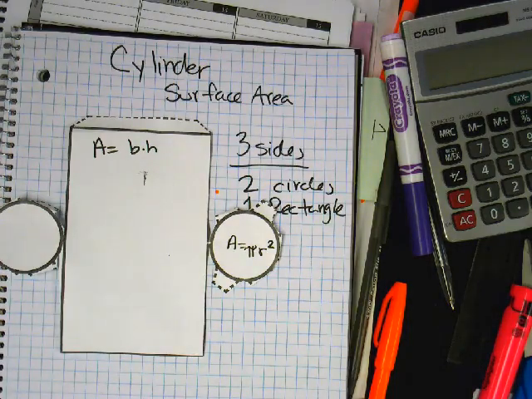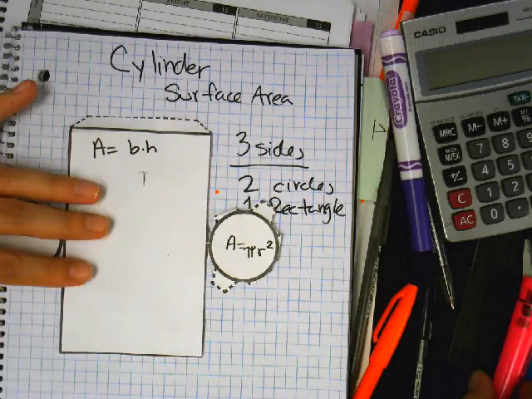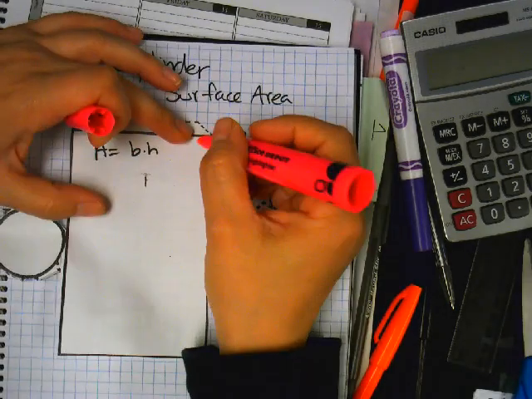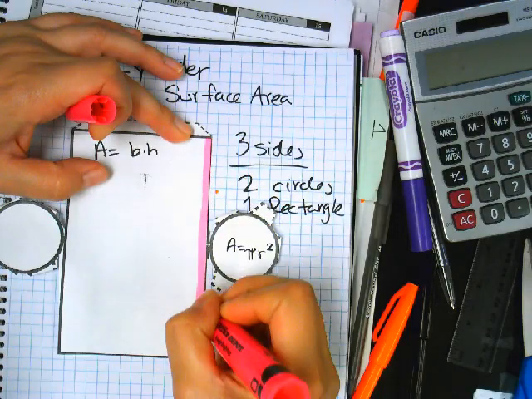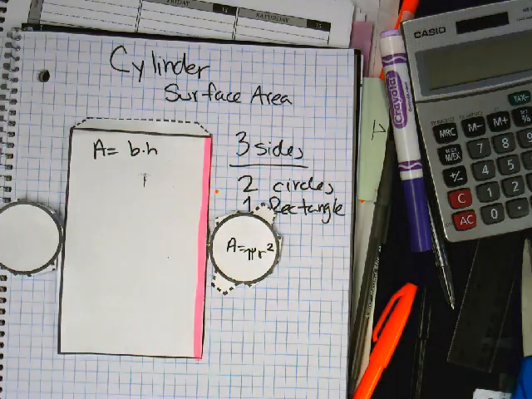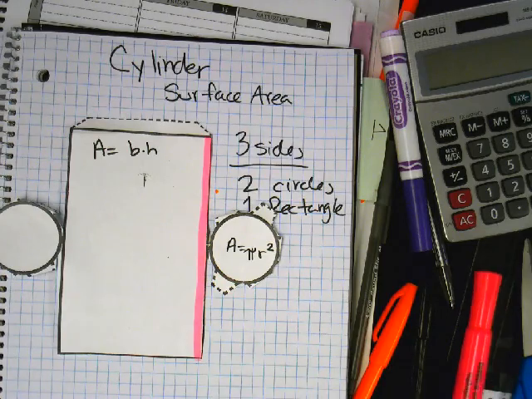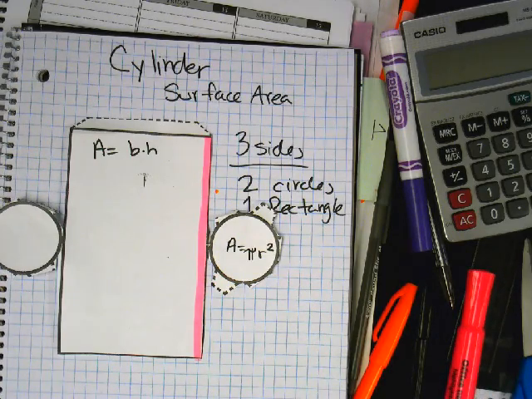Now, I just put a straight line. This part of your rectangle is what part of your circle?